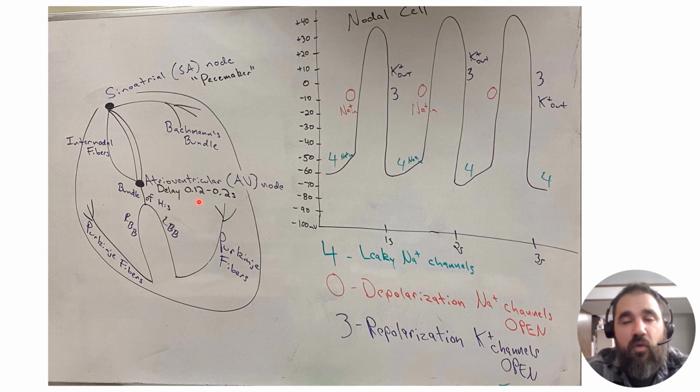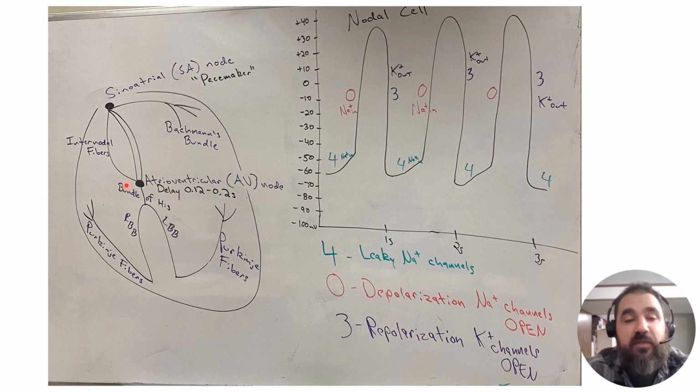Remember that delay is important because that allows the atria to fully contract before the ventricles contract. It also will show up on your ECG, your electrocardiogram, as the PR interval, and that's the normal PR interval that you should see, which is 3 to 5 little boxes, and 5 little boxes would be one big box.